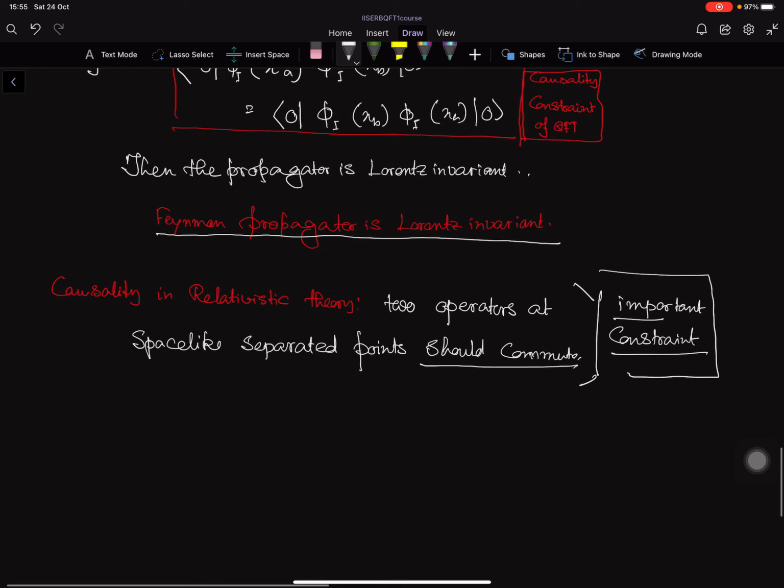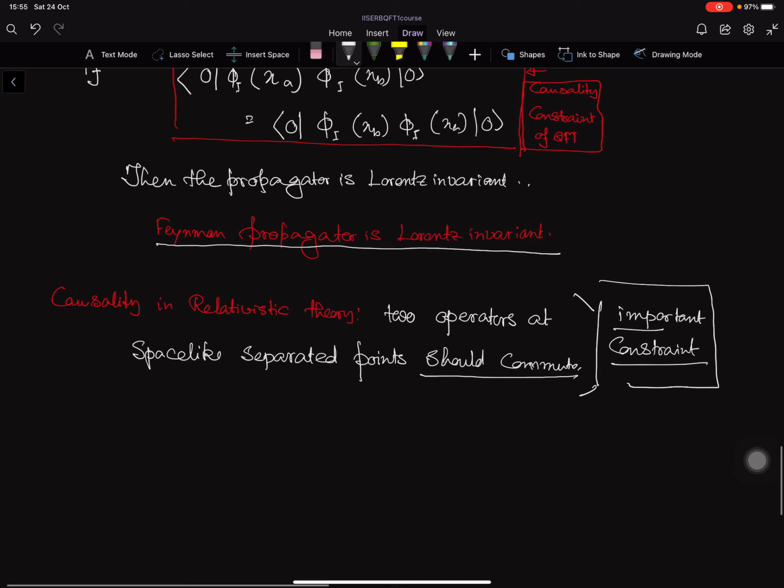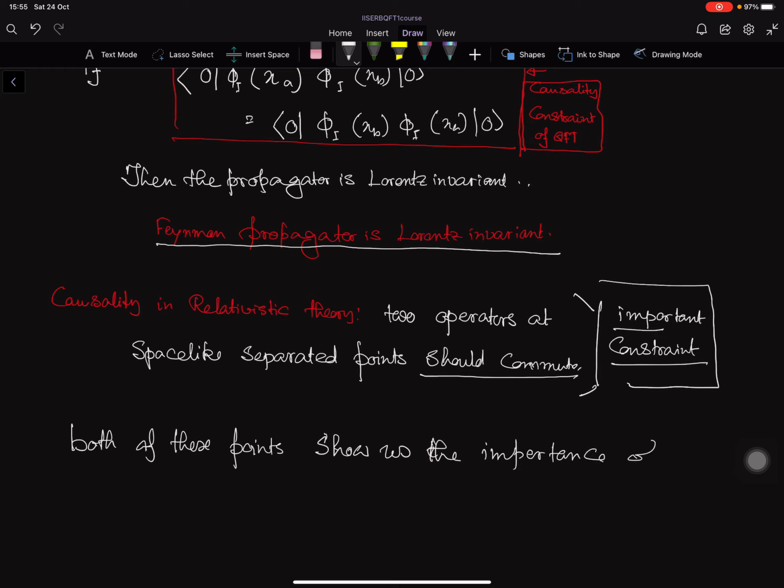So both of these points show us the importance of the Feynman propagator and the i epsilon prescription.